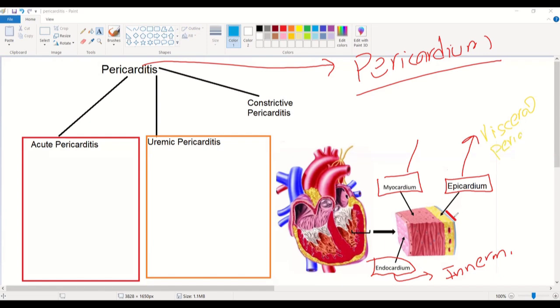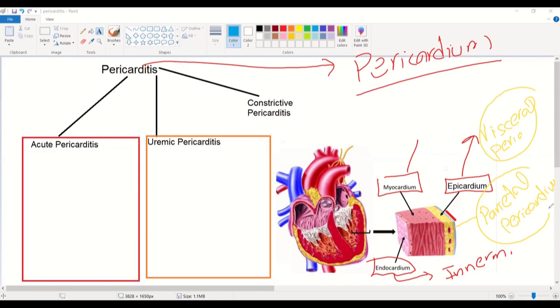So can anybody tell me this layer? This is the parietal pericardium. This is high yield stuff. In between the visceral pericardium and the parietal pericardium, the other name of the visceral pericardium is epicardium.